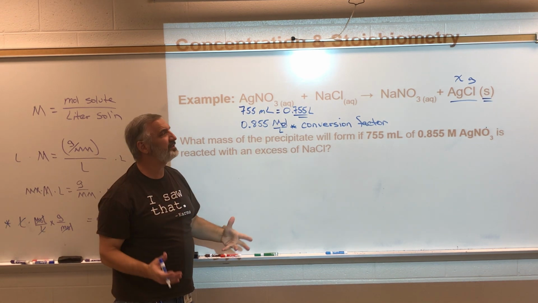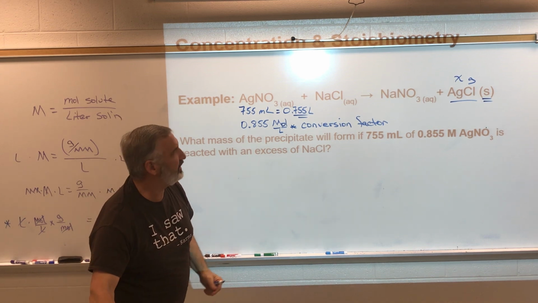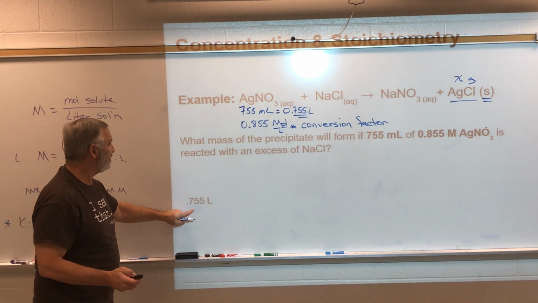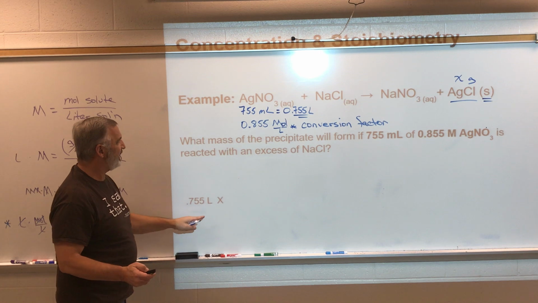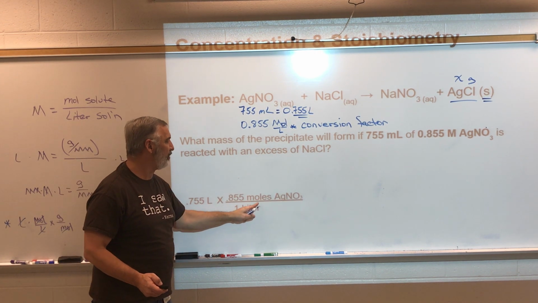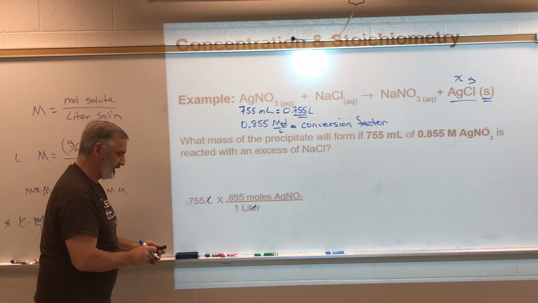So it's actually easier again because we don't have to calculate the molar mass. So when we look at that then, here's your 0.755 liters, times the molarity, because if I stop right there, that tells me how many moles of silver nitrate, because liters has canceled right there.